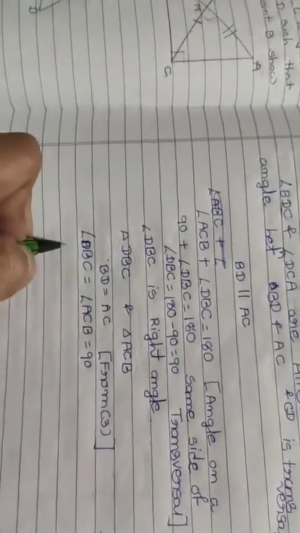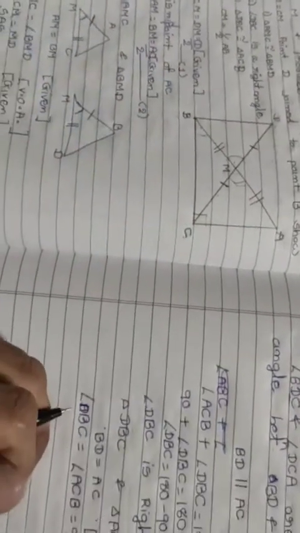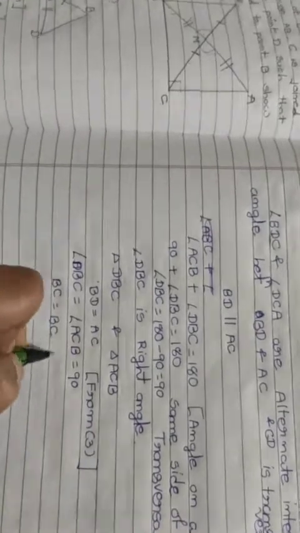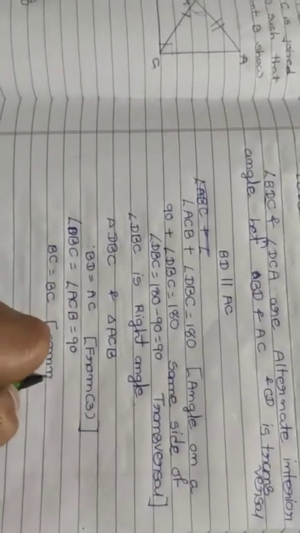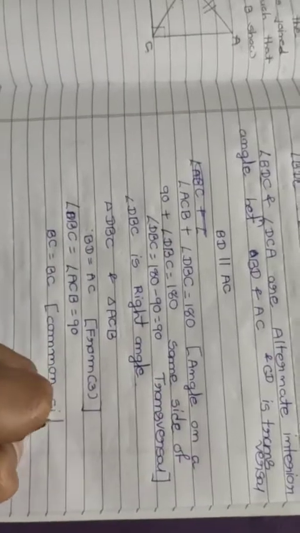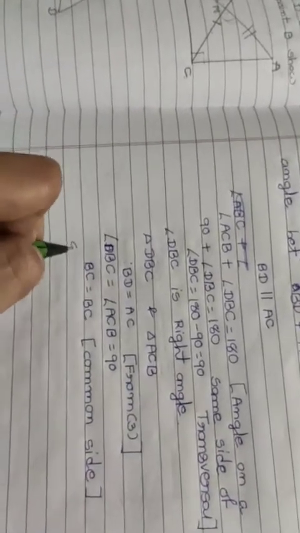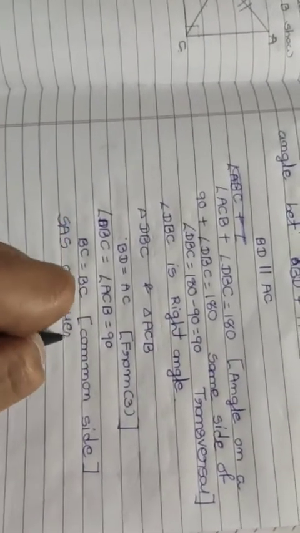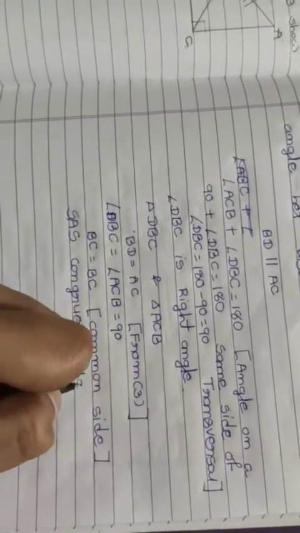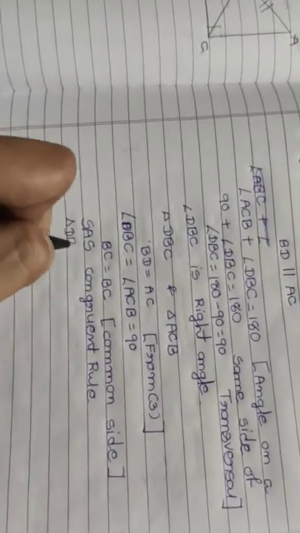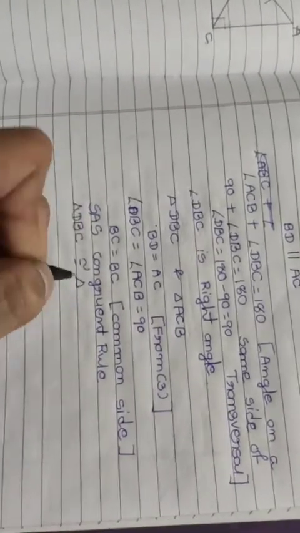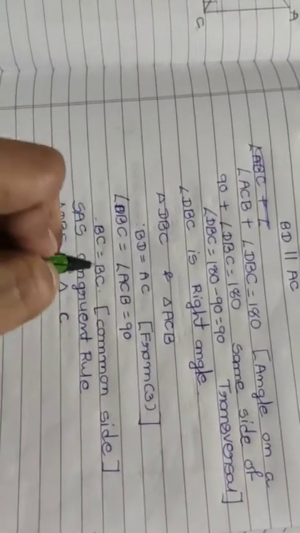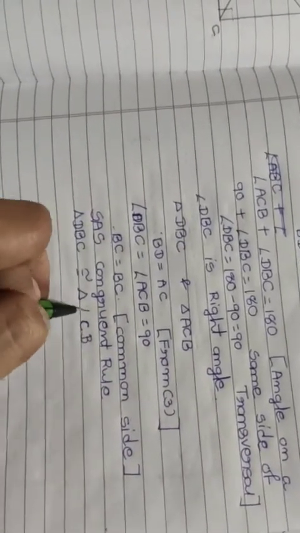And third, BC is a common side. So by two sides and the angle between them, by the SAS congruence rule, these two triangles are congruent, because D is A, B is C, C is B, so triangle DBC is congruent to triangle ACB.